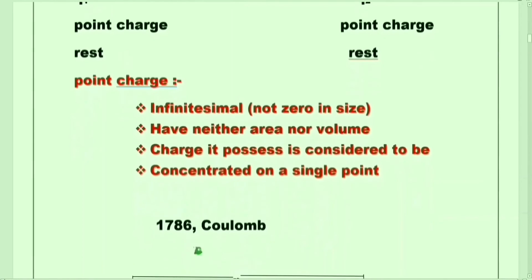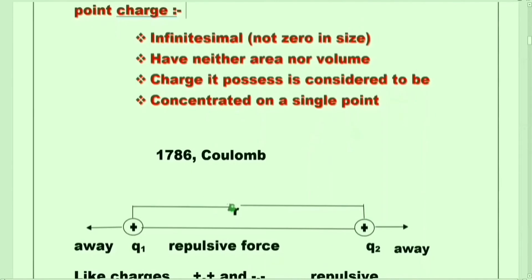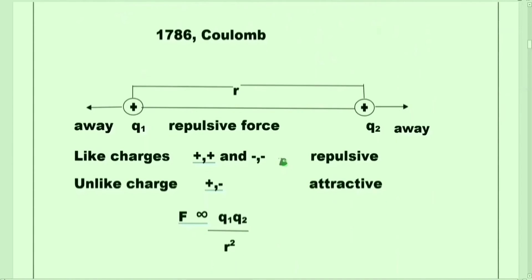In the year 1786, a scientist named Coulomb deduced the expression for force between two stationary point charges in vacuum or free space. Let us consider charges Q1 and Q2 to be two positive point charges separated by a distance r.